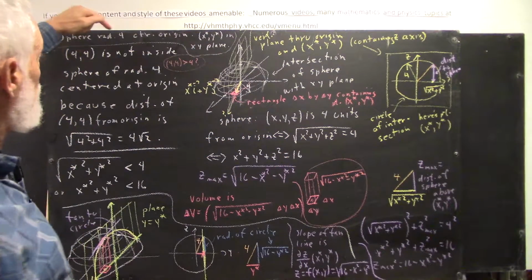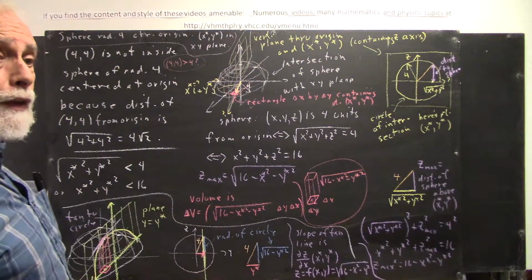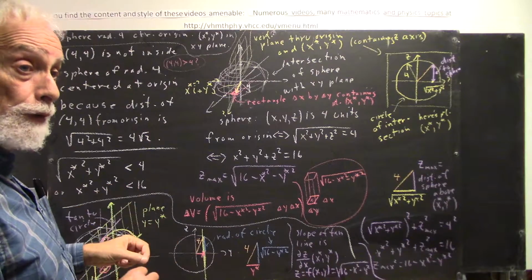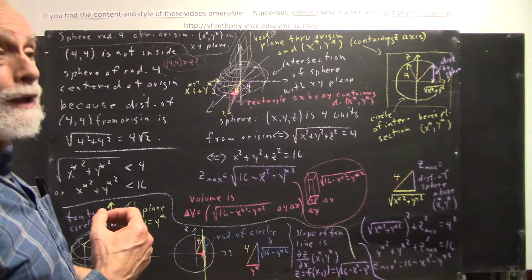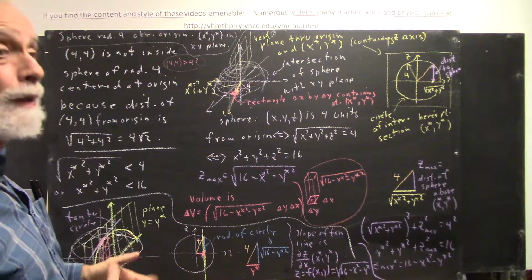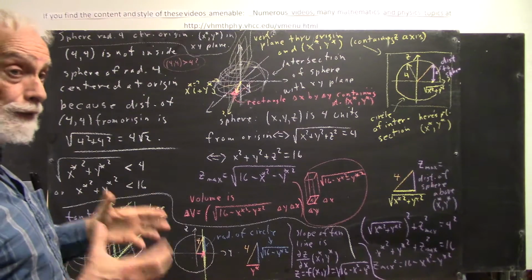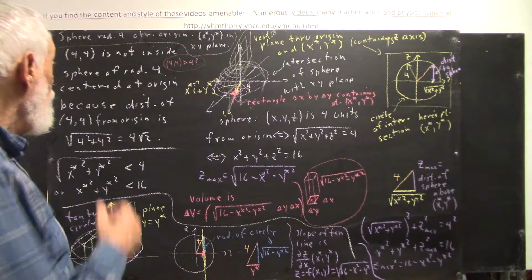What's the condition for something to be inside the sphere? Well, the sphere has radius 4 and is centered at the origin. The sphere consists of all the points that are 4 units away from the origin. The distance from the origin to a point on the sphere has to be 4. And every point whose distance from the origin is 4 will be on the sphere. And every point whose distance from the origin is less than 4 will be inside the sphere.